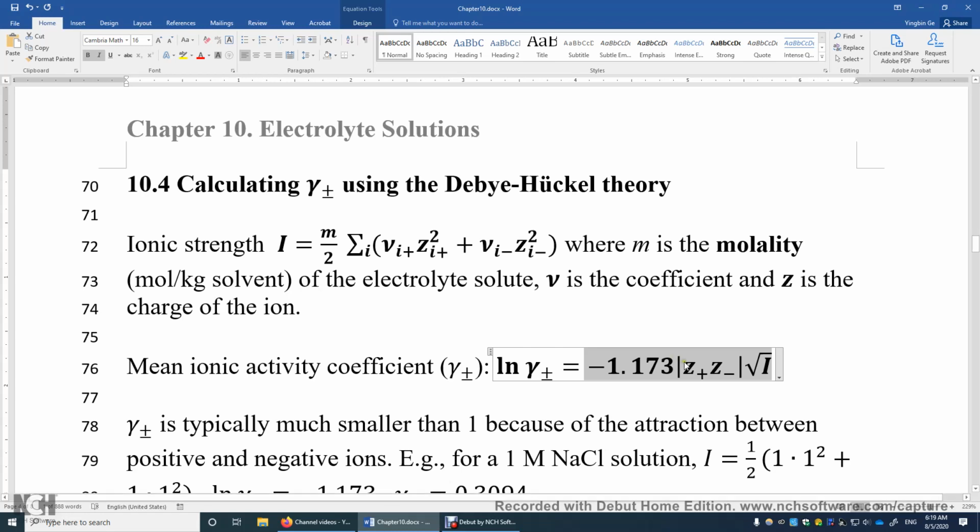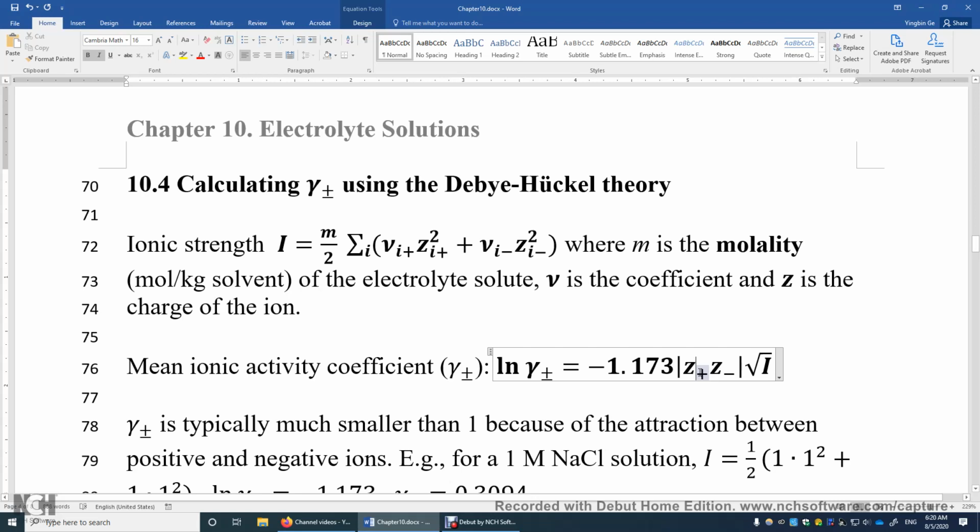Alright, and then we also need to put the ionic strength right in here. If you plug in this I, 15 here, and then you plug in Z plus, that's 3 for aluminum, Z minus is 2 for sulfate, you will be able to get a number here. The square root of 15 is roughly 4. 4 times 2 times 3, that's 24.